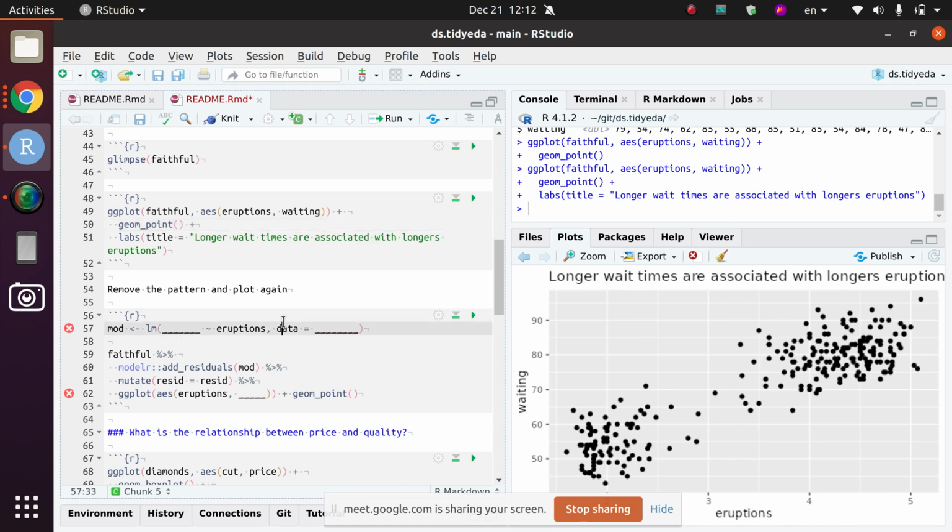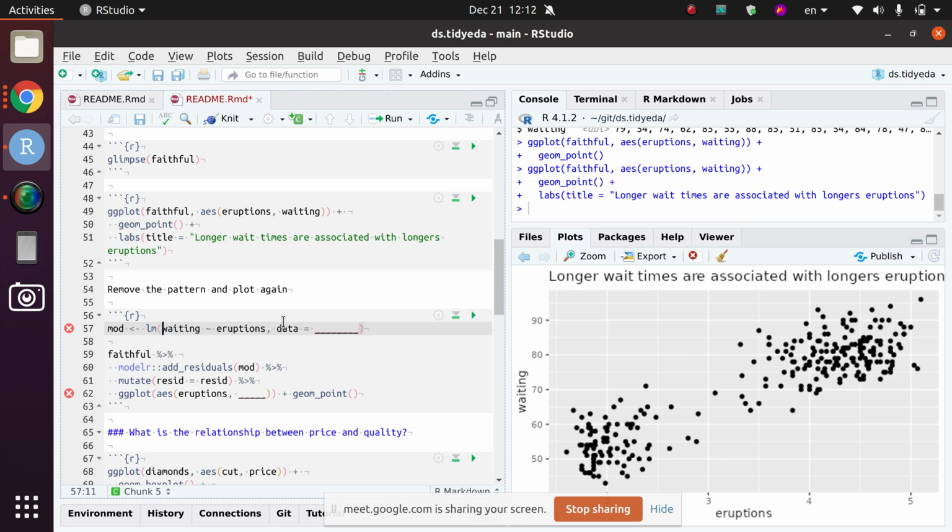So now it is time to try to extract that pattern. Because the relationship that we see here is linear, or it looks like a linear relationship, we're going to try a very simple linear model, lm. That's the function from base R that does linear modeling. Here we're going to write first the y variable, in this case, waiting.